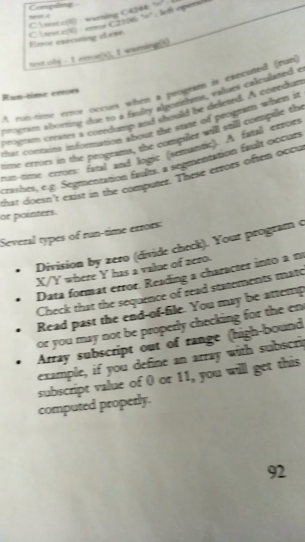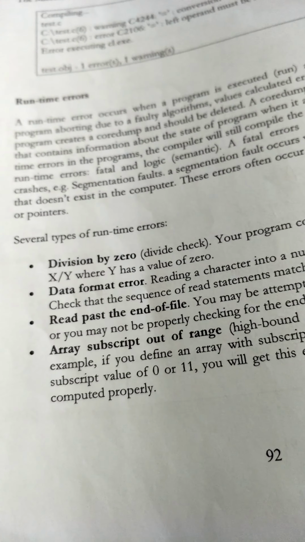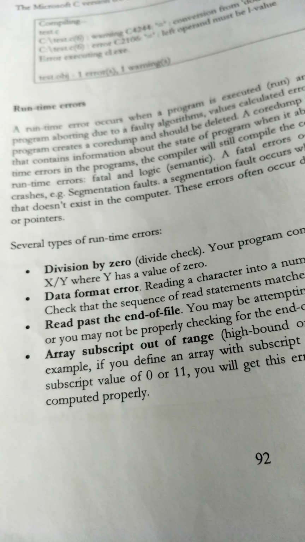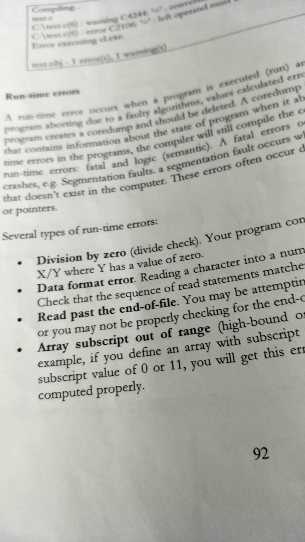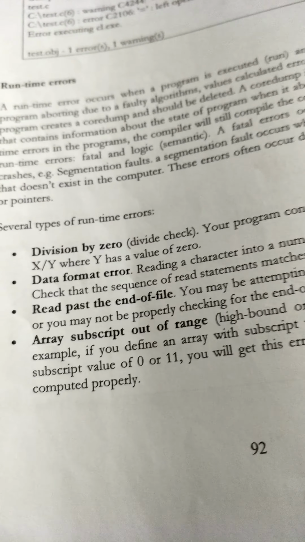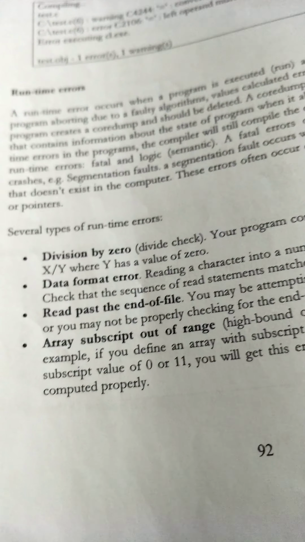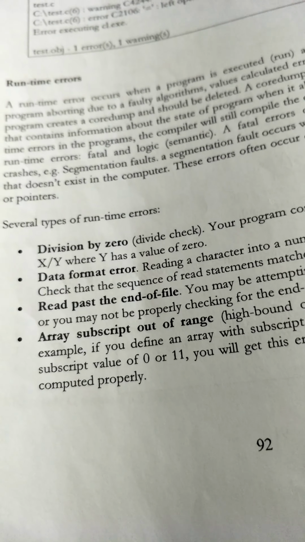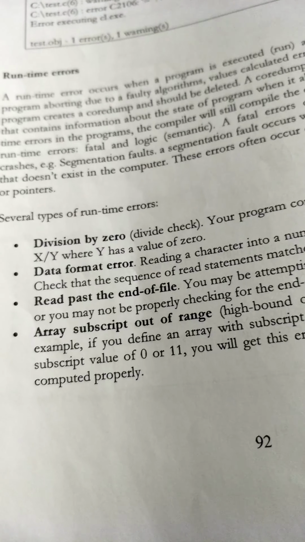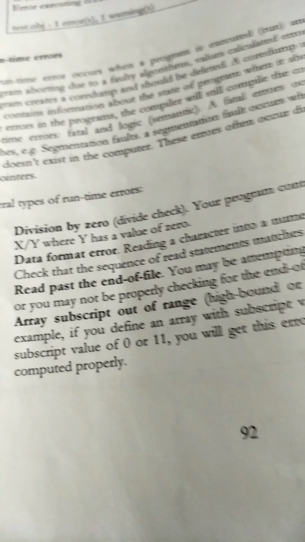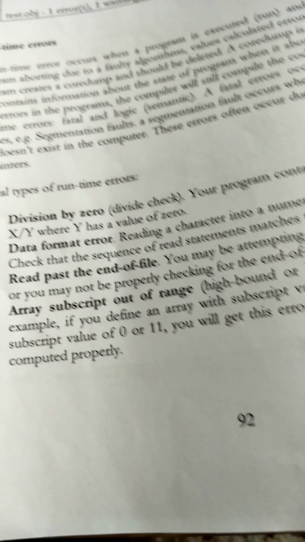So this is normally what runtime errors are. Division by zero. Yeah, division by zero. Unexpectedly. The data format error. This is when we read from a file. Normally it happens when we read from a file.